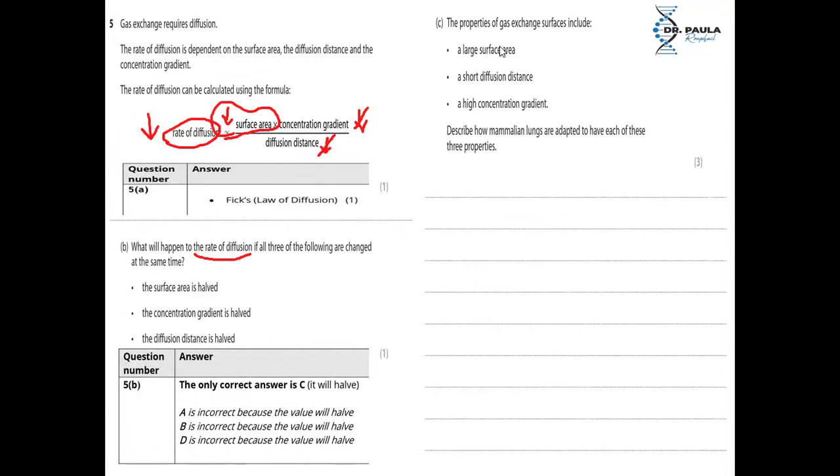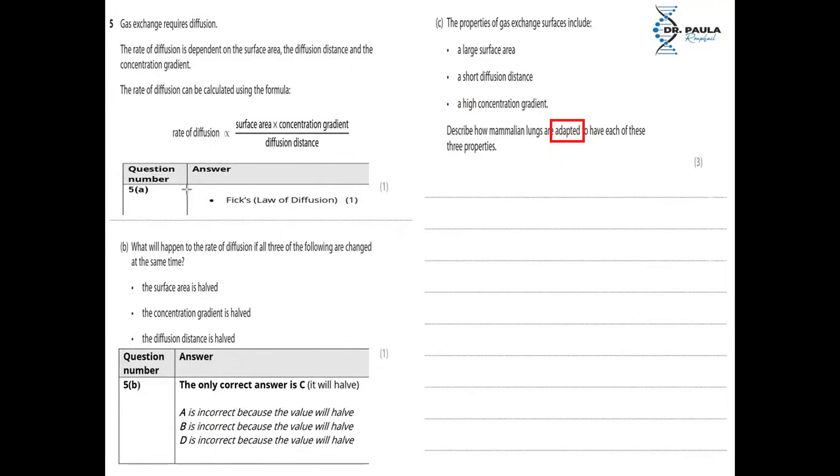C. The properties of gas exchange surfaces include large surface area, short diffusion distance, high concentration gradient. Describe how mammalian lungs are adapted to have each of these 3 properties. For sure, from O level till A2, we have to know exactly how we deal with the adaptation.